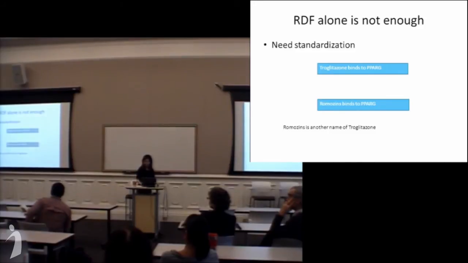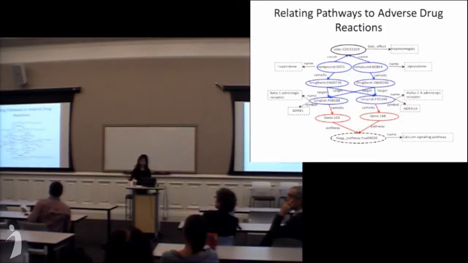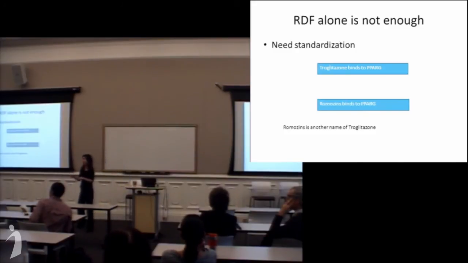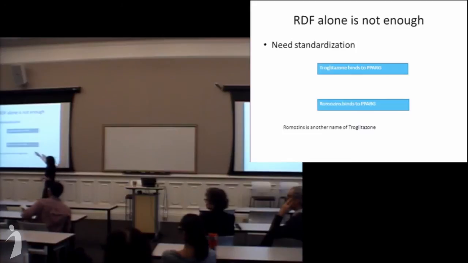Most linked open data efforts are now doing these things, but we still feel we need to move to the next step. We think we need semantics, because one drug can have different names. For instance, I have troglitazone binds PPARG. I also have another triple, Romazine binds to PPARG. So actually troglitazone and Romazine are the same drug. But if you ask me, I have no clue, because I'm not a domain expert.